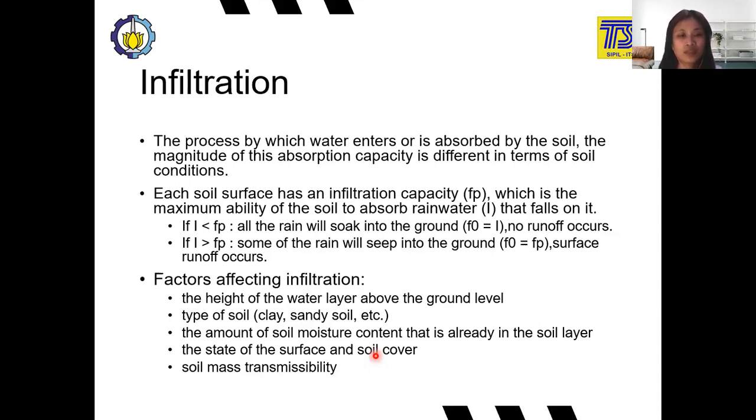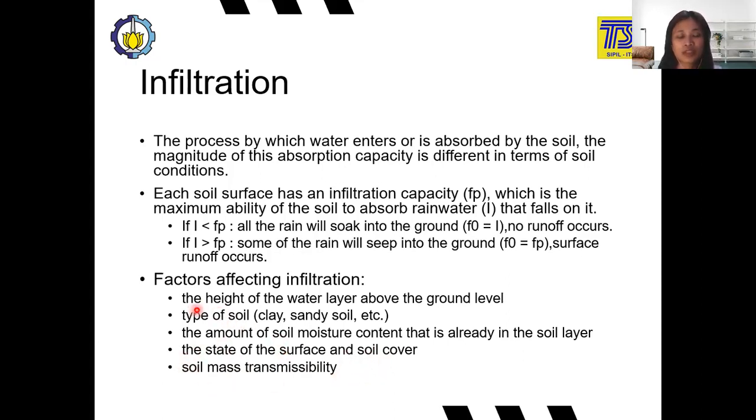And then the last one is the soil mass transmissibility, the ability of the mass of the soil to transport, like how the soil can move the water with fast or slow speed. It depends on this soil mass transmissibility.